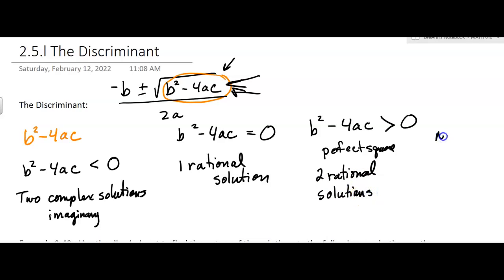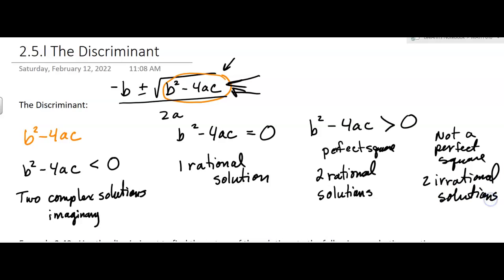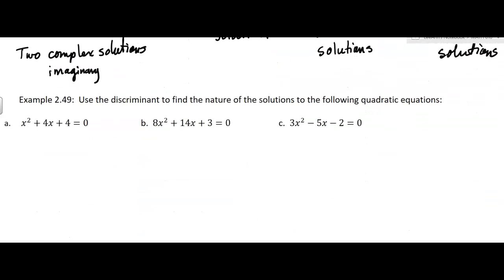And if it's not a perfect square, you're going to get two irrational solutions. And remember, if you have rational solutions, you could factor it. You could solve by factoring.